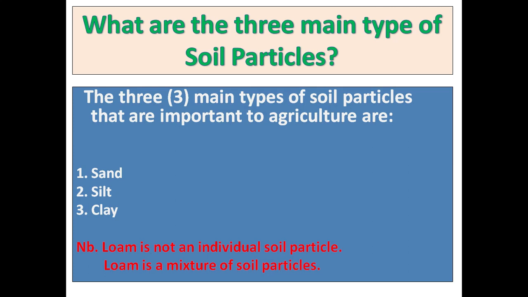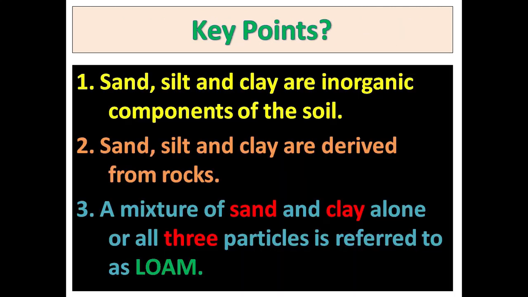Loam is a mixture of soil particles. So that note is very important. If you noticed, we only list 3 soil particles here, and it is because those soil particles are mostly important to agriculture. Of course, those are the 3 that we will be focusing on.